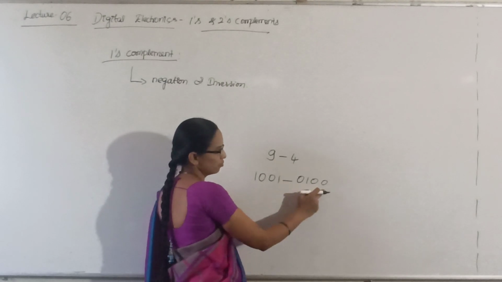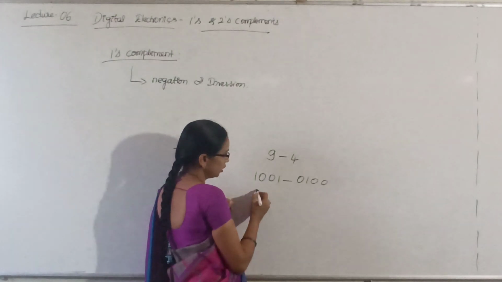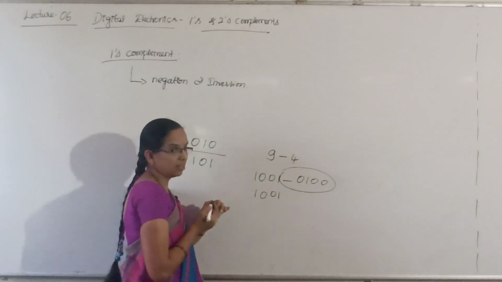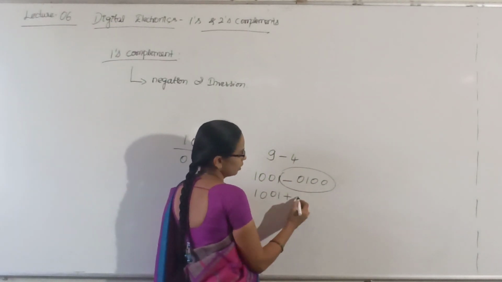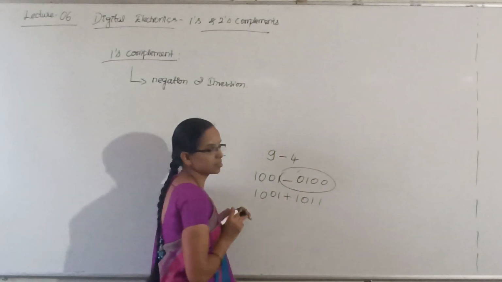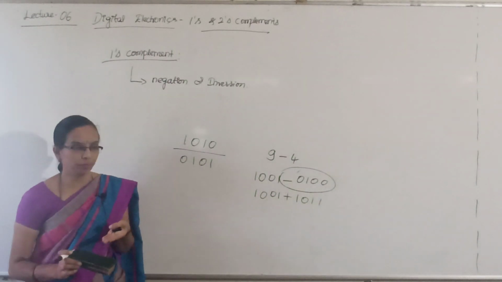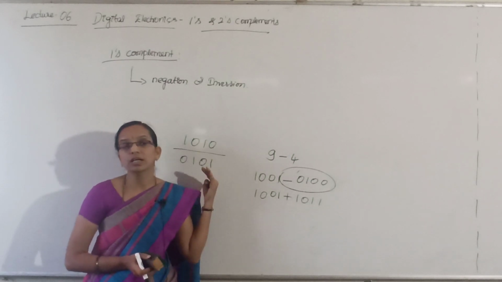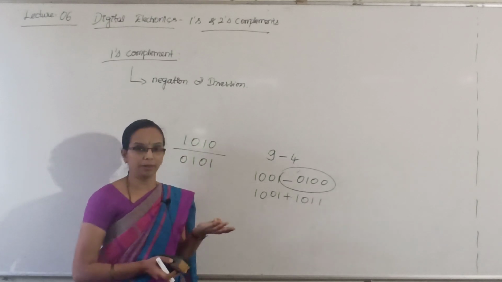If you want to change this minus sign, you have to change the sign of the subtrahend. That is, if you want to make it positive, 1011, you have to take the complement of this. That I will tell you in the next topic while doing the addition or subtraction of a binary number using 1's complement. That time you will understand better.